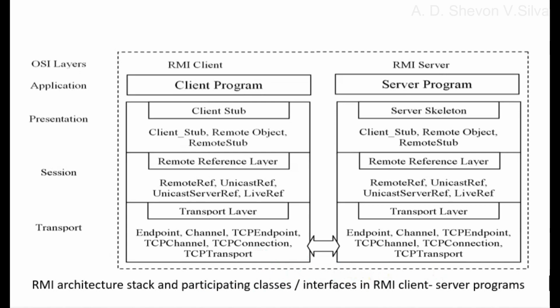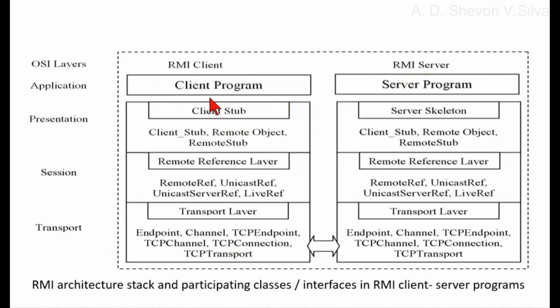Direction of internal working of RMI. Possible enhancements include implementing authentication, which is not in standard Java RMI. Here you can see the RMI client and the RMI server. Here you can see the client program and server program.